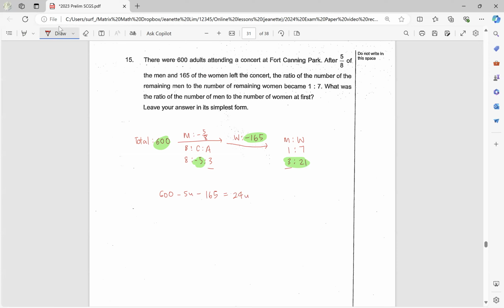Now I'm going to rearrange them, put all the numbers first. Then I'm going to work on this first, which is 435.